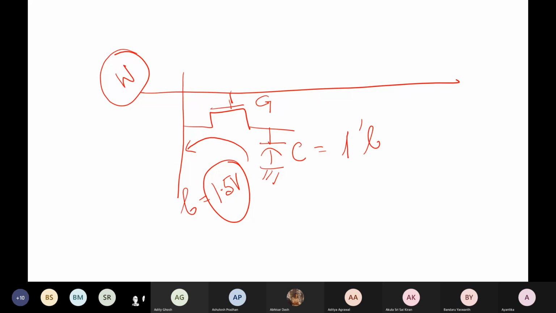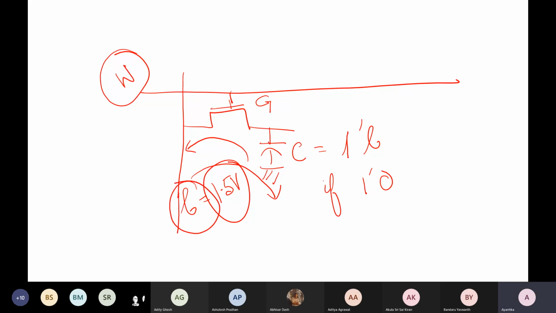If it was initially discharged, holding bit 0, then it is getting partially charged. That means there is a change in the bit line, because the bit line also has a capacitance, a higher value of capacitance. So either way, there is a partial discharge or charging, and a change in this bit line voltage.